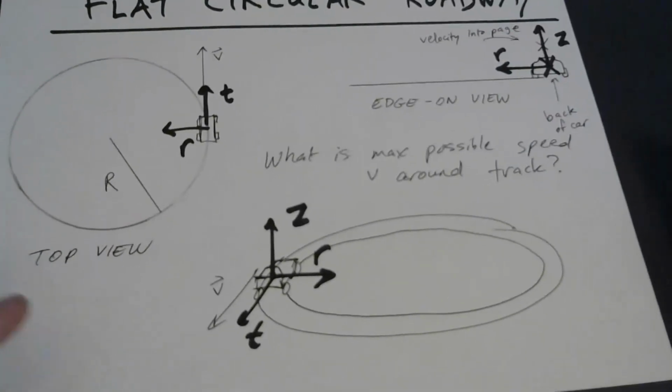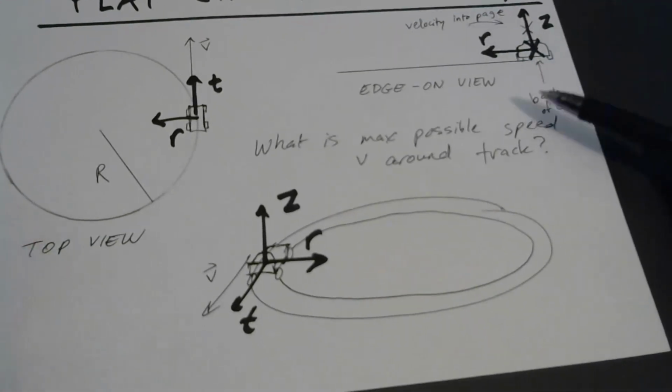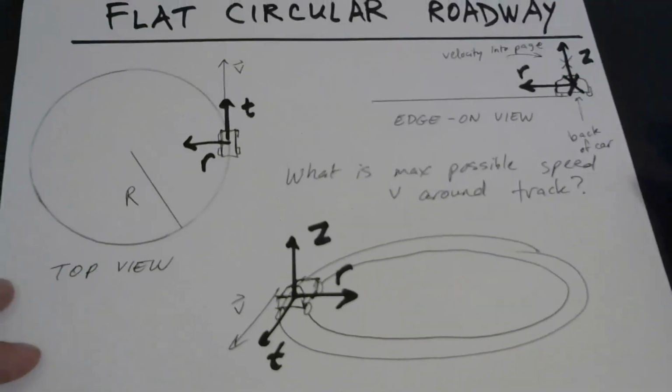I think you all have some sense that a typical intersection like Carson and Clark near campus, I do miss that place now that we're all stuck in our homes. If you were going to make a circular turn or semicircular turn through that intersection, you can't do it at 80 miles an hour. If you try to go 80 miles an hour around that turn, for the vast majority of cars, you would just skid right out of the circle. So there's some limit there, and we can use the dynamics of circular motion to analyze that.